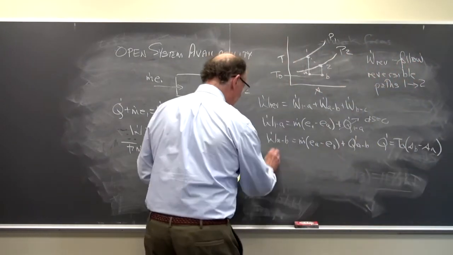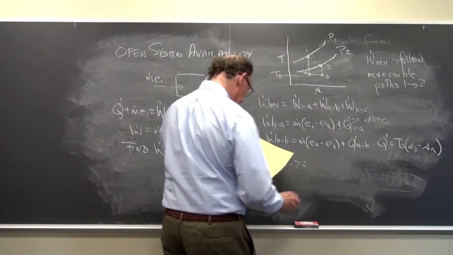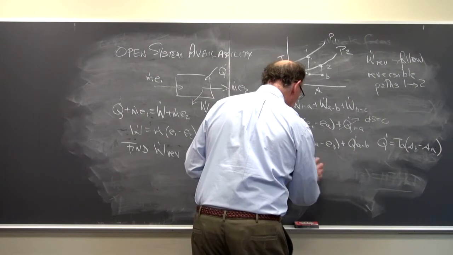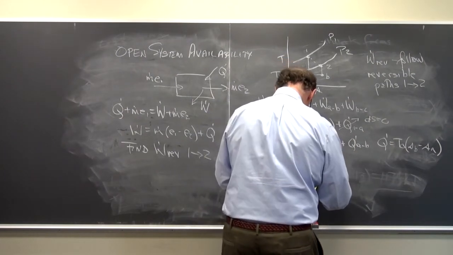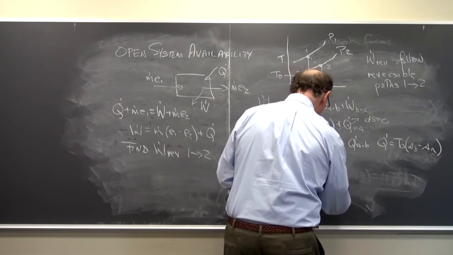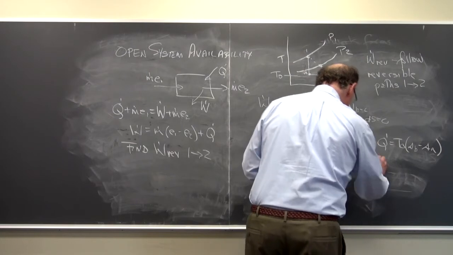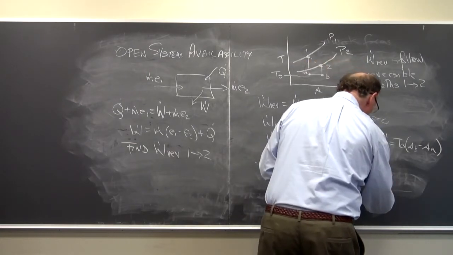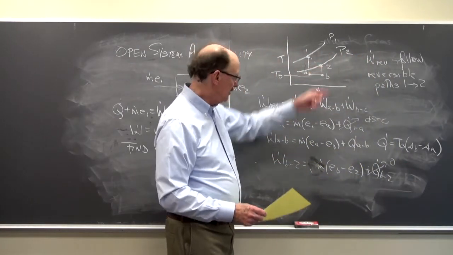Then we have W dot B to 2, which is similar to the first one. We have m dot times (EB minus E2) plus Q dot B to 2. Again, that's 0 because ds is 0.